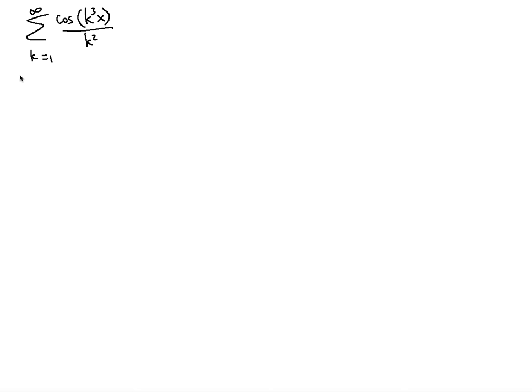So first, notice that we want to test this for absolute convergence, right? So we take the absolute value of cosine of k to the third times x over k squared.